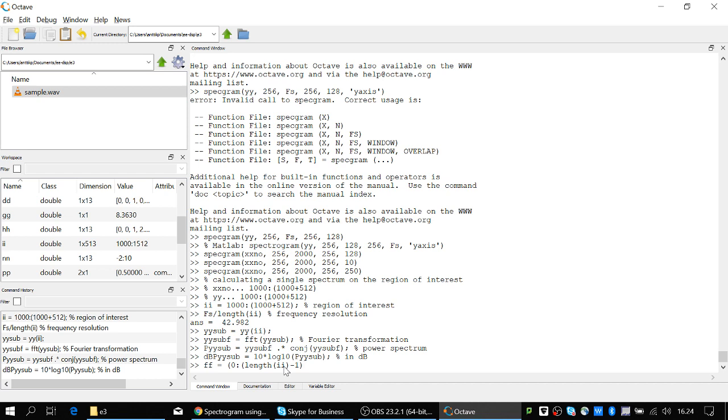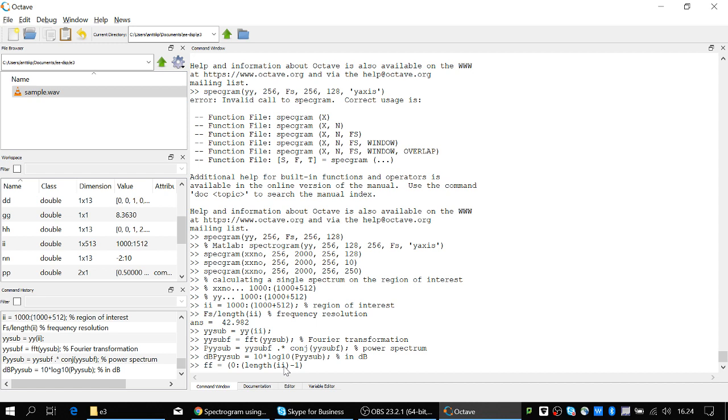Because the first value which comes out is the DC term, meaning the 0, and as many values as you have on your FFT, you will divide this frequency axis into that many components, right?